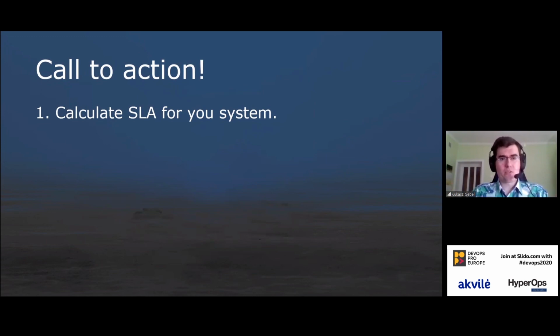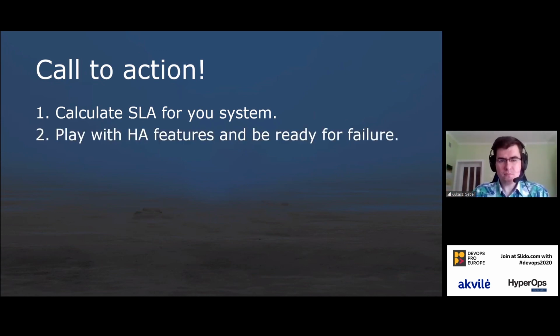I would like to ask you to calculate your SLA when you get back to your work or at home for your hobby project, and simply check the value, whether you're happy or unhappy with it, and what it really means for you. Or maybe it will just be informative, that you're aware, okay, my SLA, at least theoretical SLA, because of course that's a theoretical value, is that. So it's like a thought experiment for you.